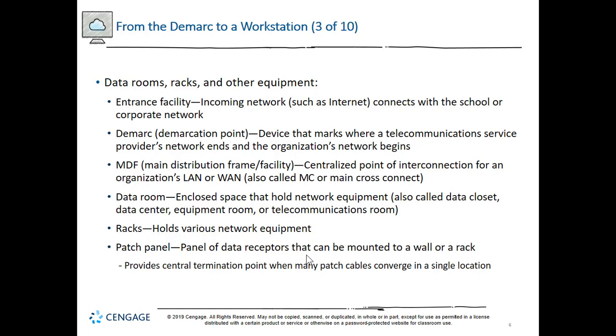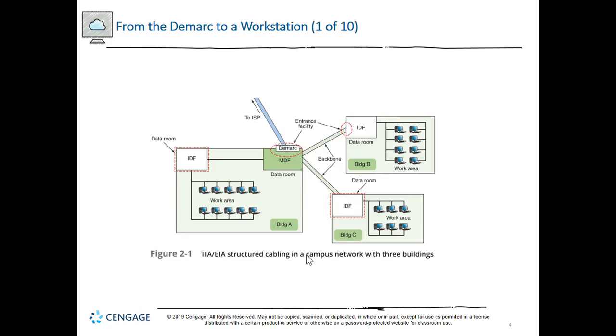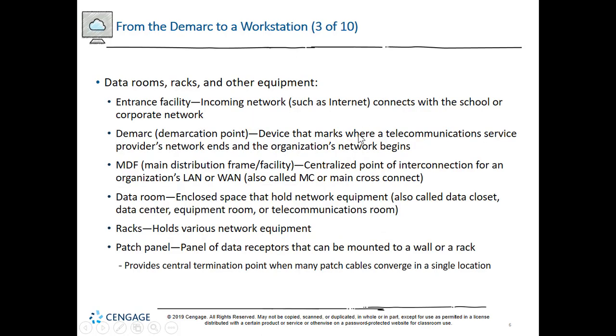Data rooms are enclosed areas that hold our networking equipment, so for example, in the previous slide here, you'll see building B comes back to here, but it also has its own consolidation area of our cabling. Racks are literally physical components like we have in our classrooms. At the end of each set of desks, we have cabling racks.